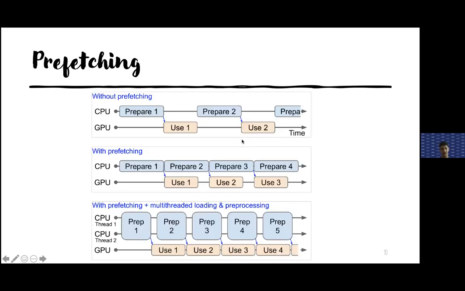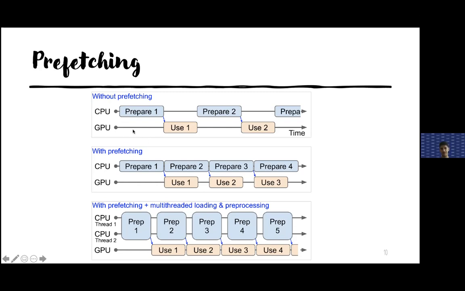We also have this idea of prefetching. This allows data to be prepared before it is used in a model. Without prefetching, this is the sequence, assuming you have CPU and GPU resources available. Normally you train the machine learning model with a GPU if it's available, and you do any pre-processing with regular CPUs.